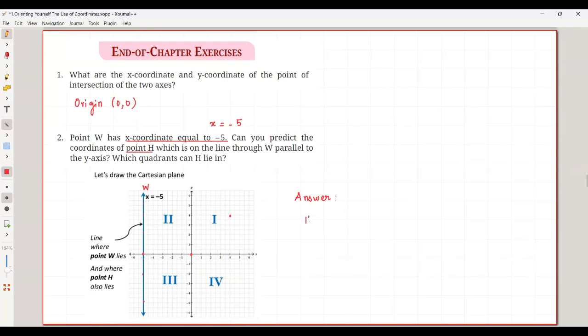H lies in either the second or the third quadrant.